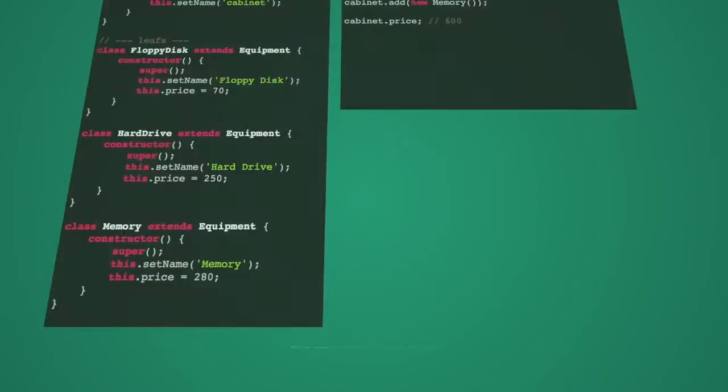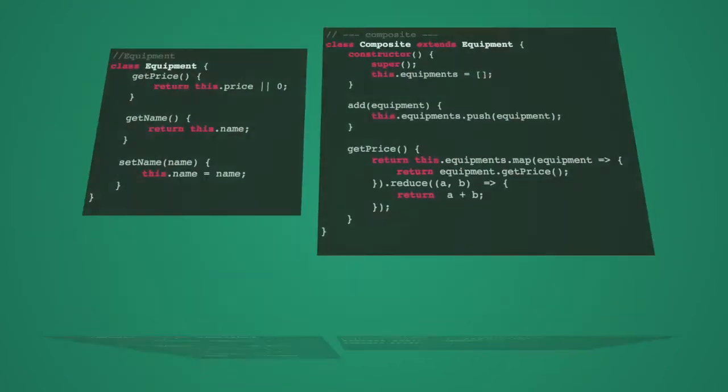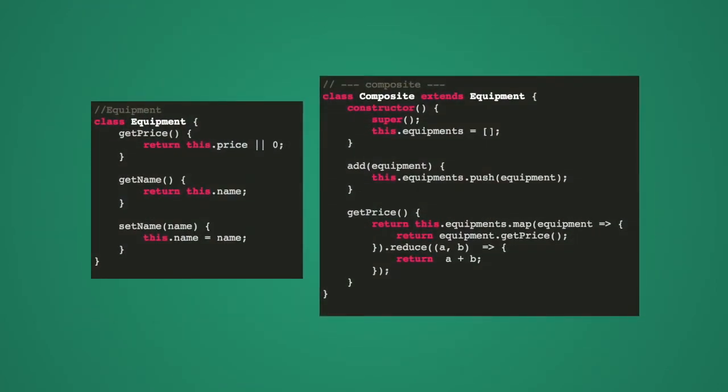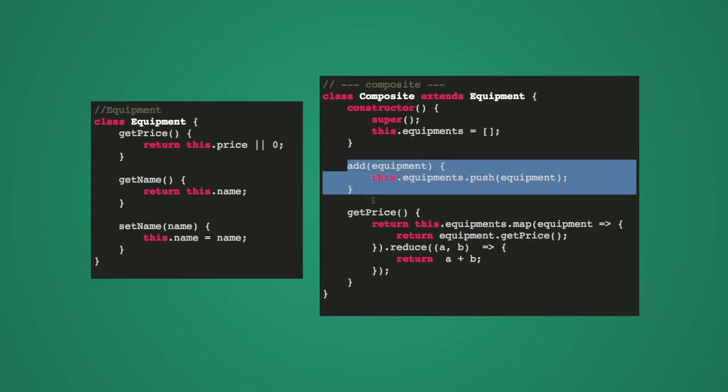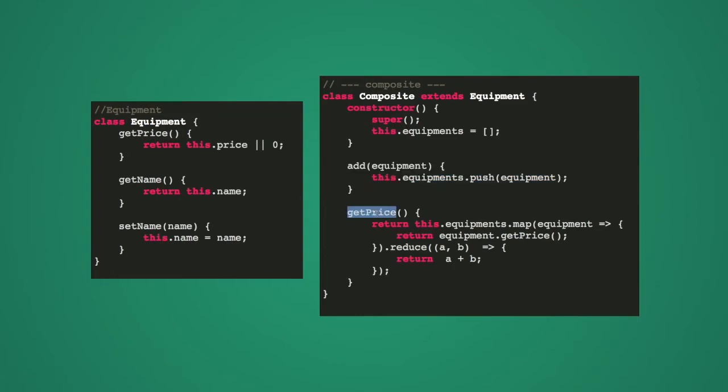It's our lives basically. Can you just mention how the recursion works in the previous slide? Here? Yeah. When we get price. So the thing is, again, let's say you have one composite, like a cabinet, and you have another cabinet, and since a cabinet is an equipment, you can add it. You can add the second one to the first one. And what would happen then, if you want to get the price of the first one, is you call the get price on the first instance. Now it has a single item in its equipments, and it's another composite.